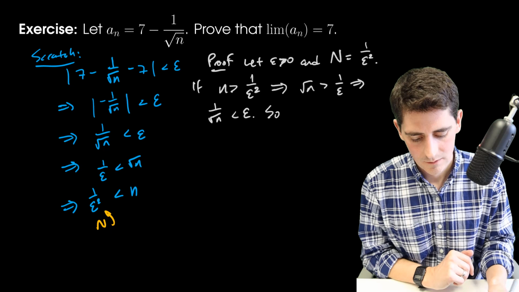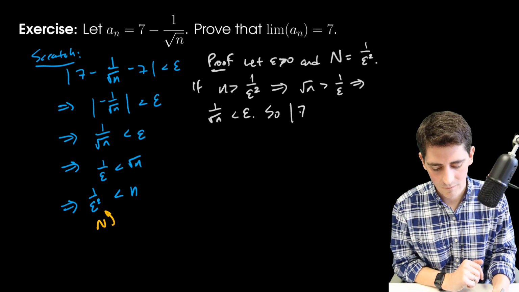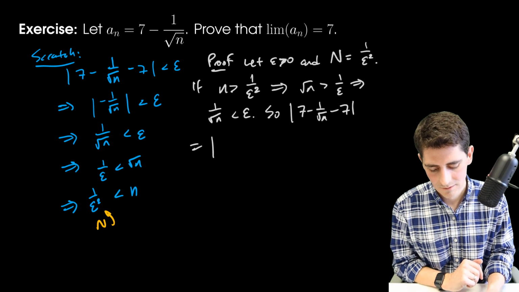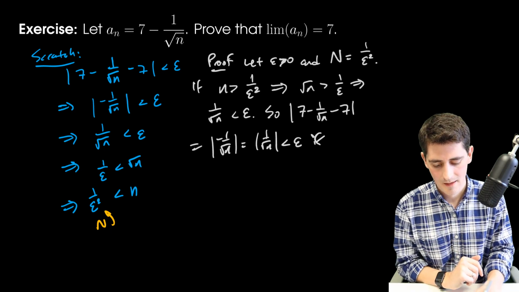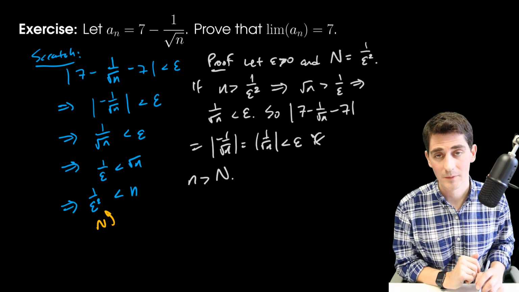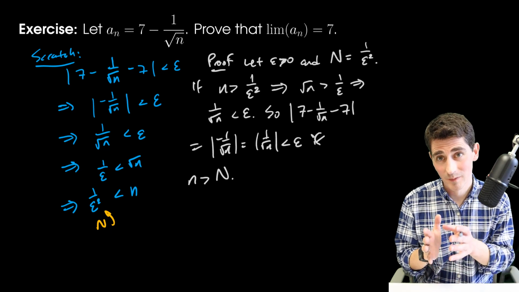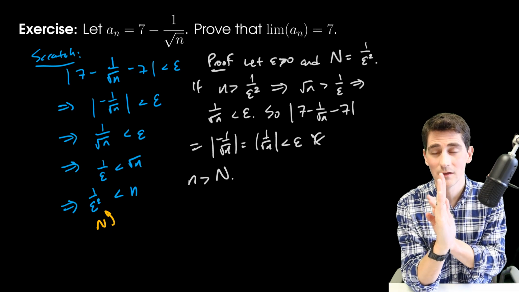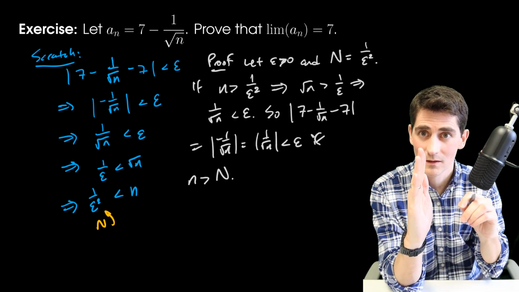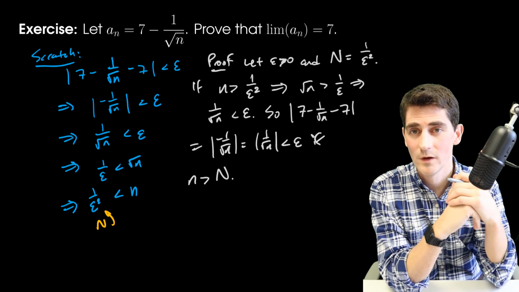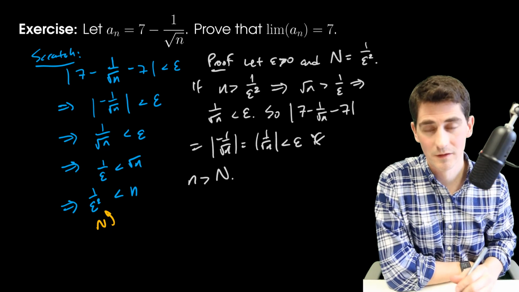Okay, so what I wanted, which is the absolute value of 7 minus 1 over square root of n minus 7, equals the absolute value of negative 1 over square root of n, which equals 1 over root n, and that's less than epsilon if little n is greater than capital N. Alright, so once little n gets bigger than capital N, you can think of capital N as kind of your boundary marker running in the x direction. Once I get past that marker, all my values are within epsilon away from my limit point. That's exactly what we're trying to say here.